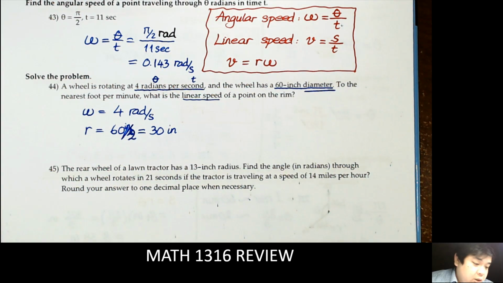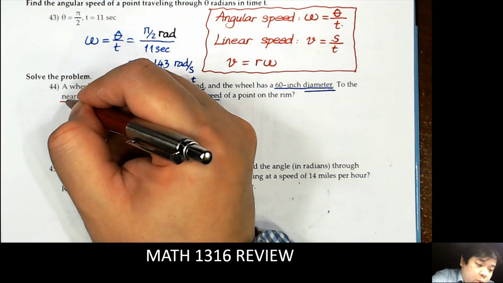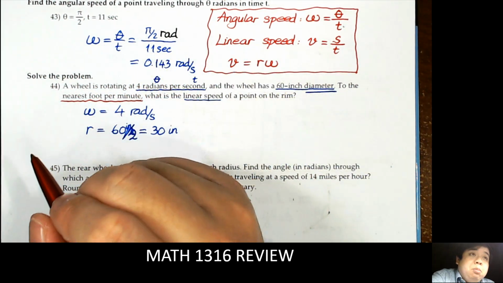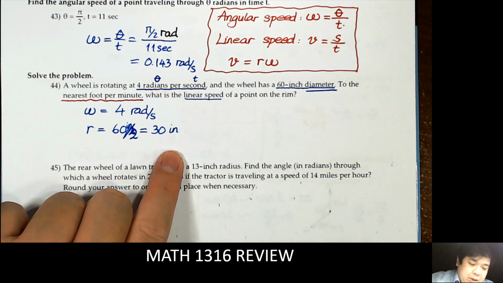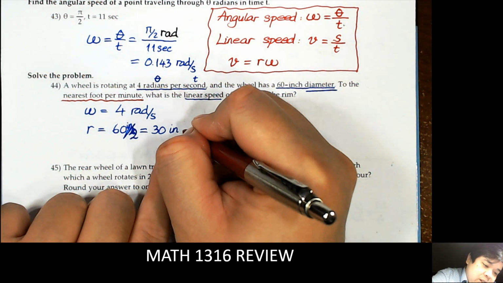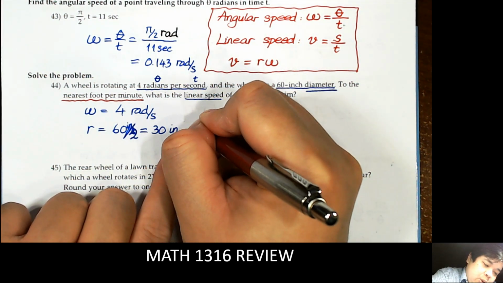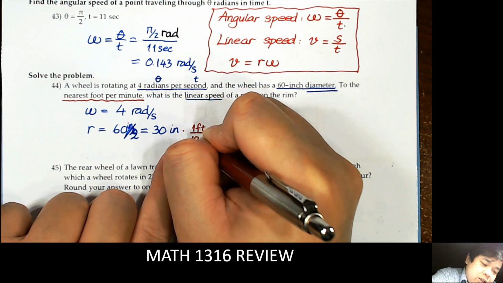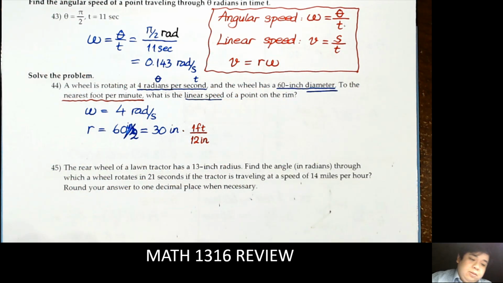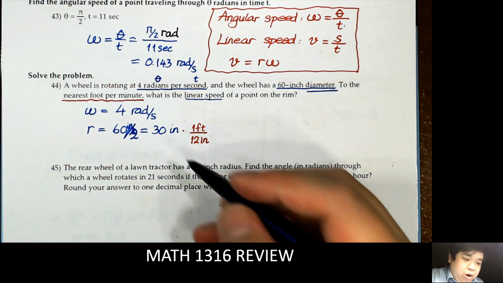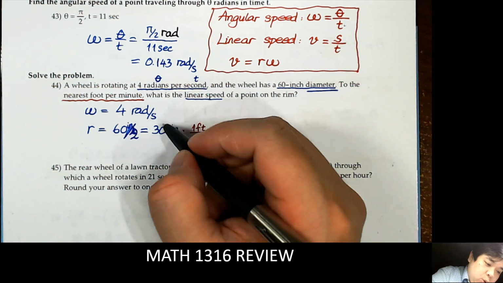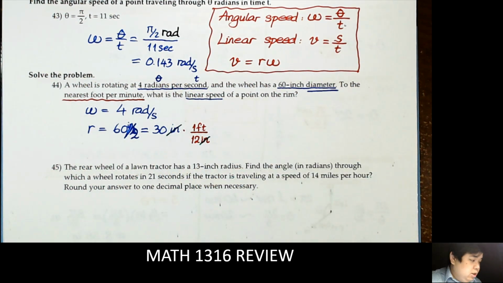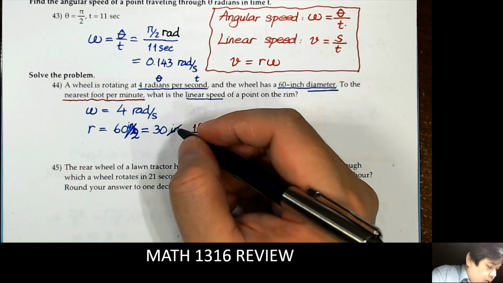The little twist in the problem, they want the nearest foot per minute. So we have to convert the unit. 1 foot is 12 inches. So we don't want inches, so we put it at the bottom, so it will cancel out. 30 divided by 12, we have 5/2, which is 2.5 foot.